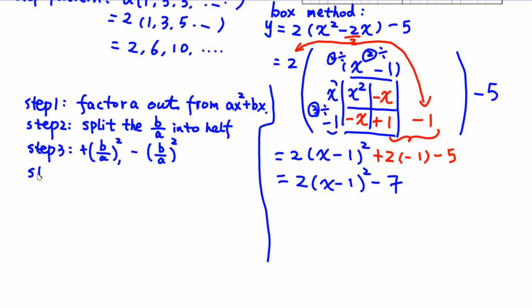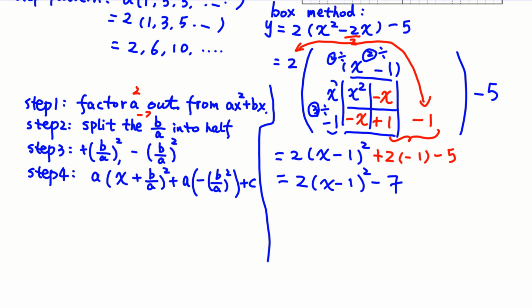Then step 4, we just write the final answer out. So a times x plus b over a bracket squared, then minus a times b over a bracket squared, then plus c. So in this question, we factor 2 out, then split the number -2 into half.